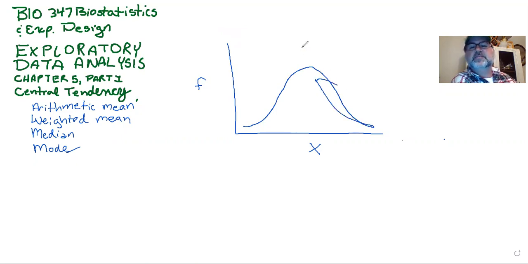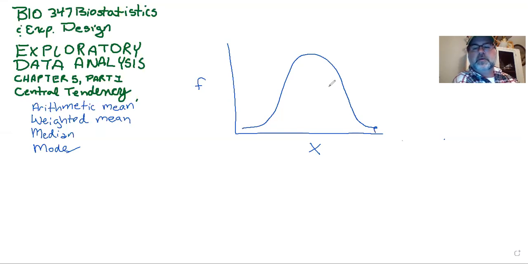If this is your curve, then the average will be right there, right? You could say X bar, and this also is where the median is, okay?